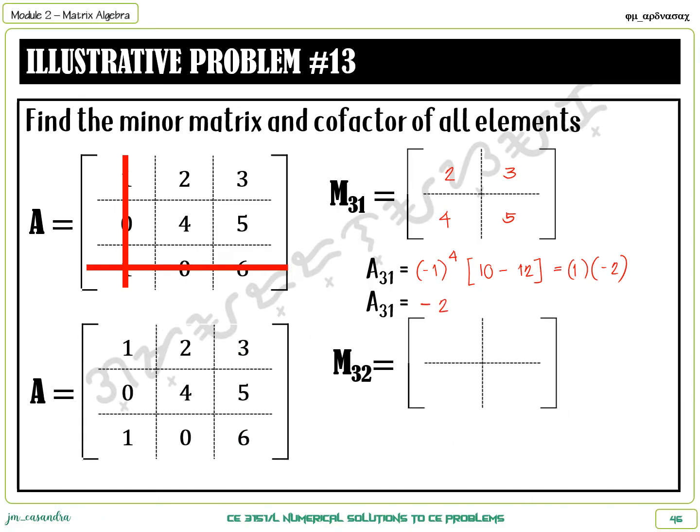For the next element, 3, 2, we'll have our minor matrix 1, 0, 3, 5.